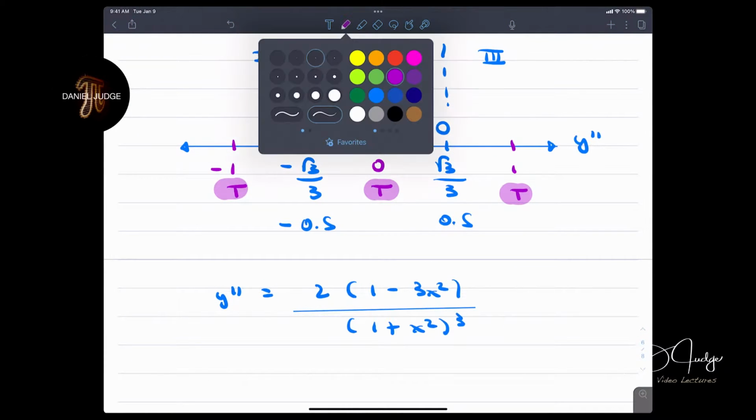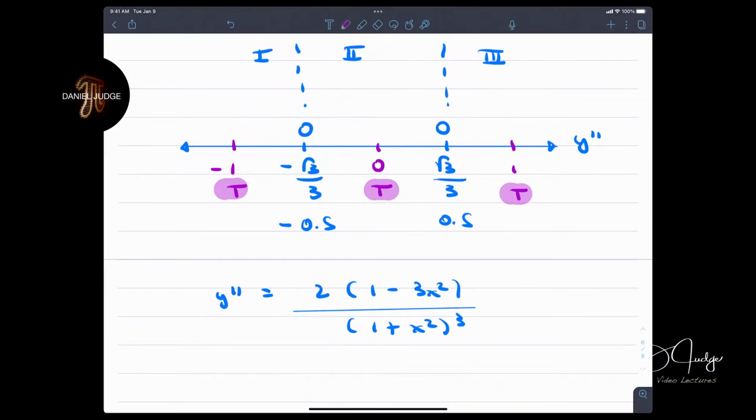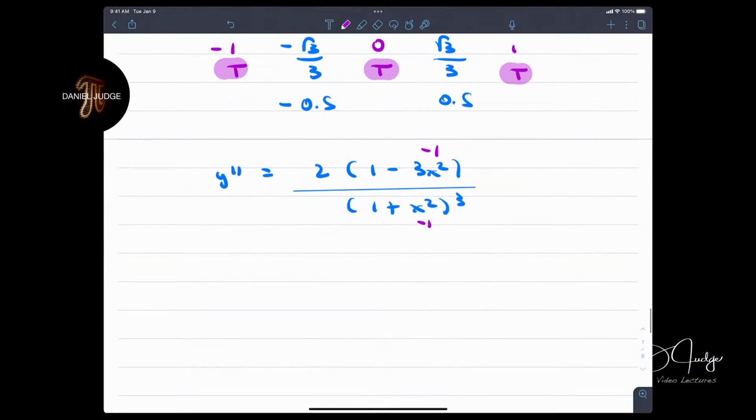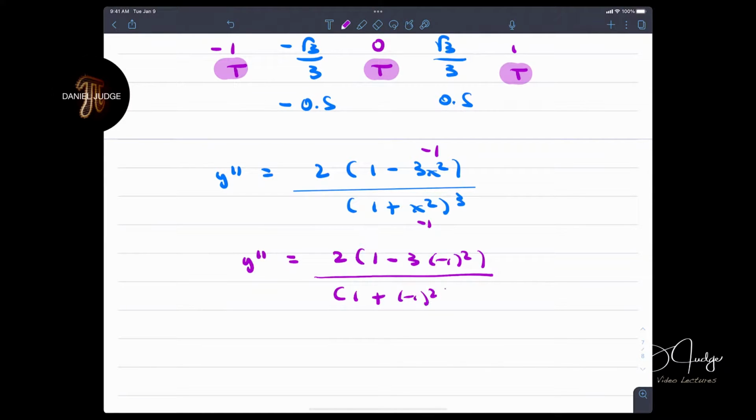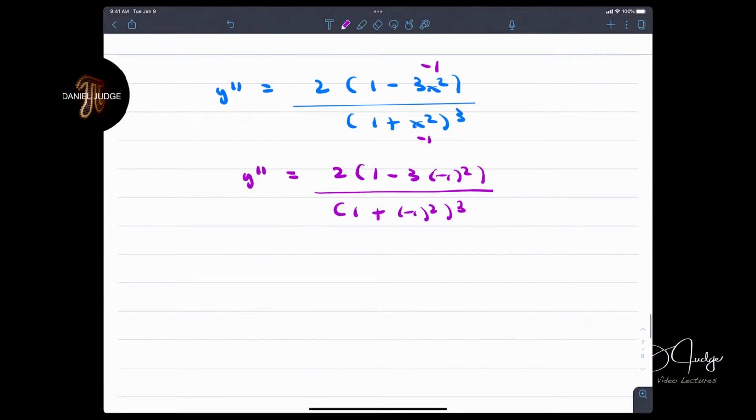So when we test -1, plug in -1, y double prime becomes, or that portion is 2 times 1 minus 3 times (-1) squared, over 1 plus (-1) squared to the third power.